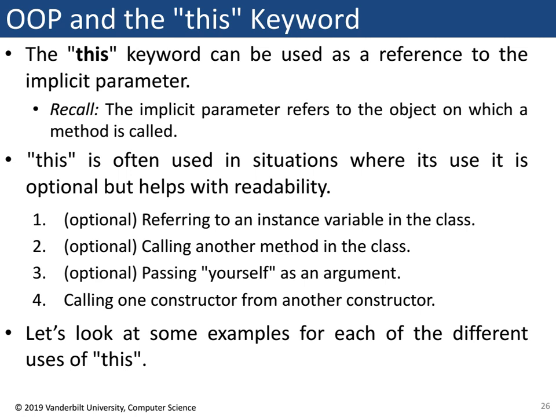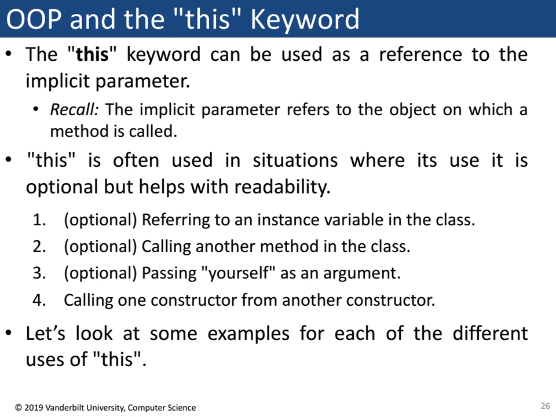Sometimes that greatly helps with readability, where you might have other variables similarly named in a local scope also in that same method. You could also use it when calling another instance method. So if we were in the getGPA method, you could say this.getName if for some reason you needed to access the name in the getGPA method.